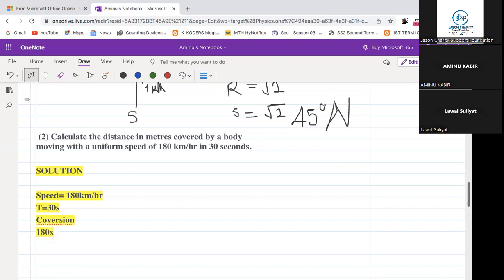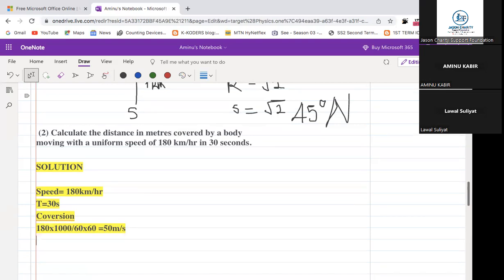So 180 times 1,000 meters divided by 60 minutes in 1 hour and 60 seconds as well, so 60 times 60. If you do this math, all of this is equal to 50 meters per second. So our speed will be equal to 50 meters per second.